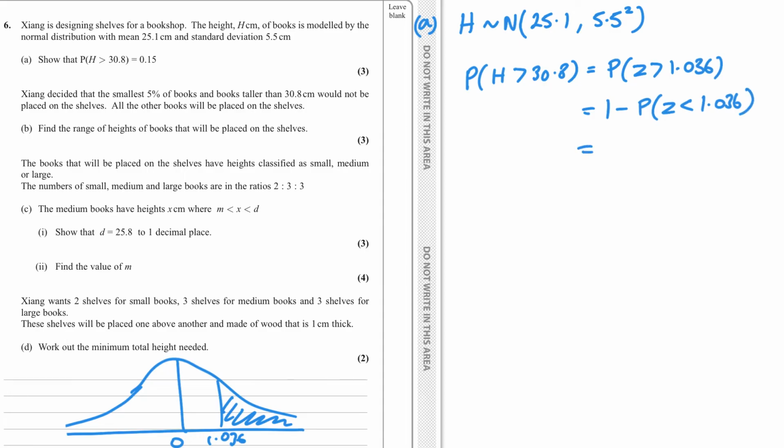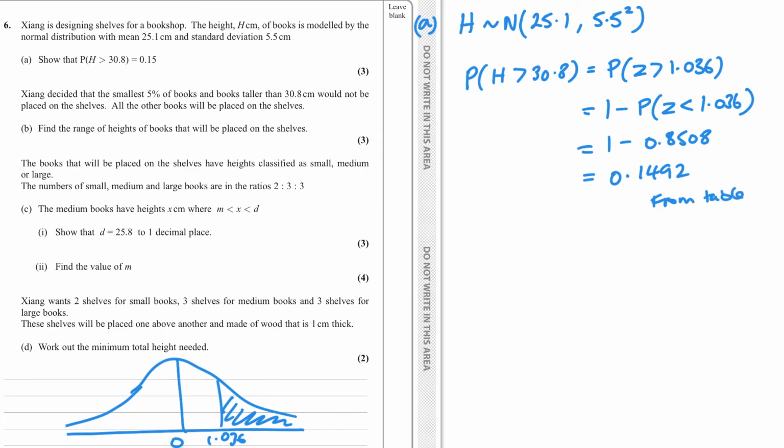And then it's a matter of looking it up in my tables. So this is really looking at 1.04. So we've got 1 minus 0.8508. And that then gives me 0.1492 from tables.